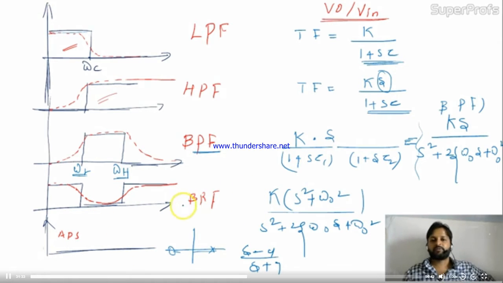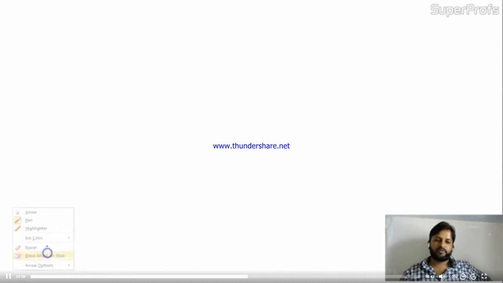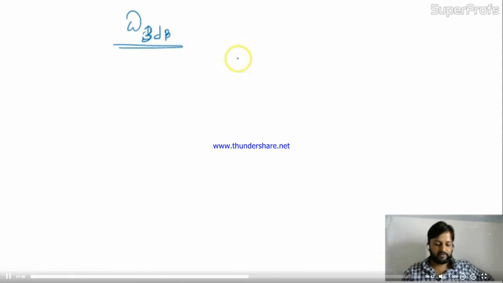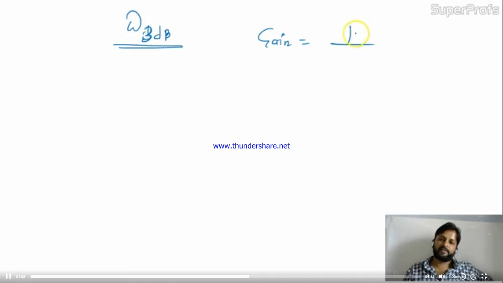Now very important, you can directly remember this. Sometimes they ask direct questions. Now here the concept of omega 3 dB is very famous. So let's take the first example, LPF. The gain was K divided by 1 plus s tau.